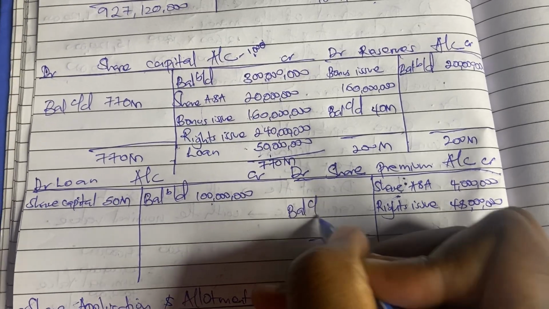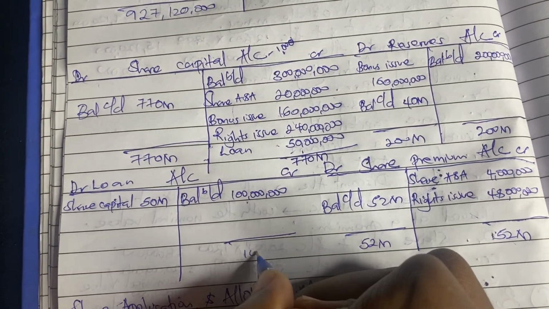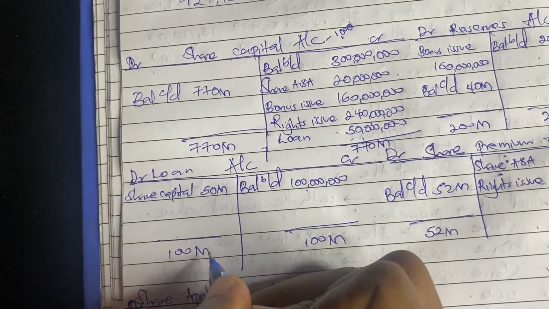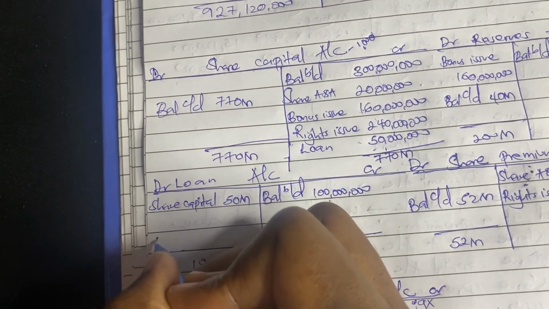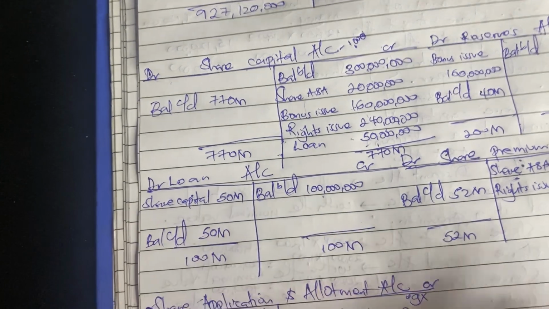Balance carried down is 52M. The loan account, this side has 100M, 100 minus 50M, balance carried down becomes 50M.